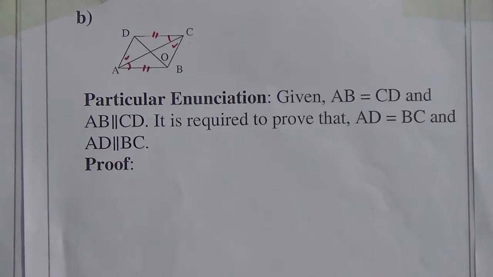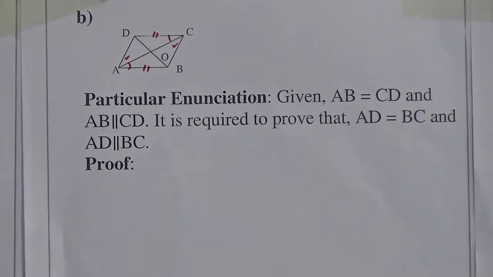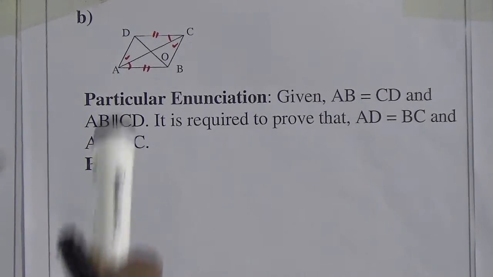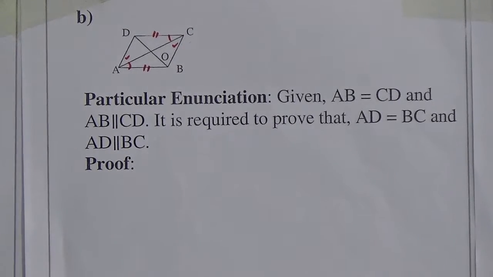Listen again. AB and CD are equal, given, and AB and CD are parallel. Now you have to prove that AD and BC are equal and parallel.